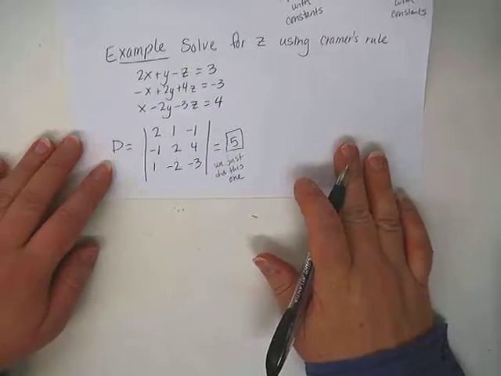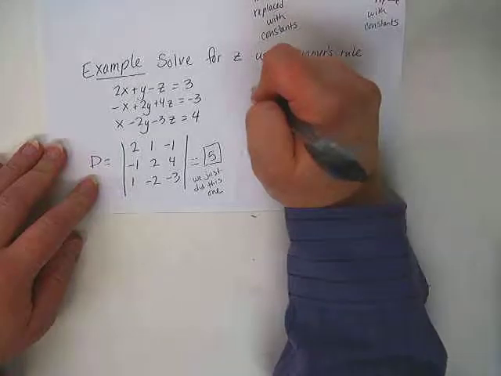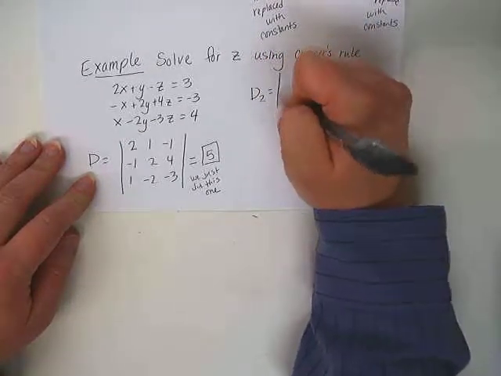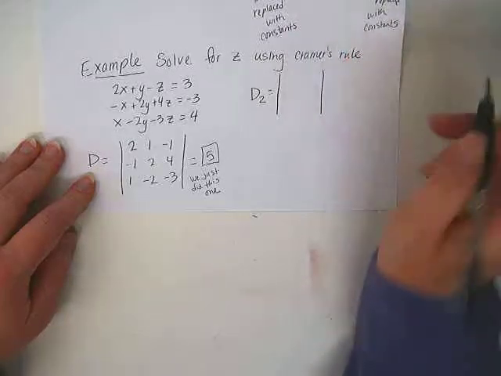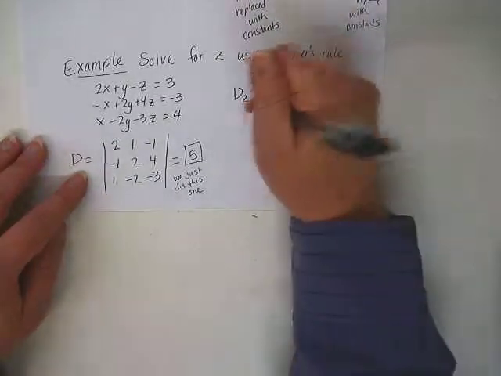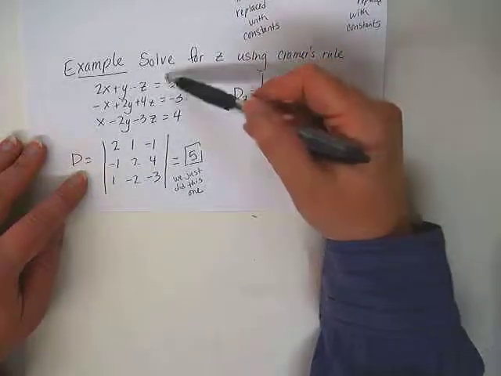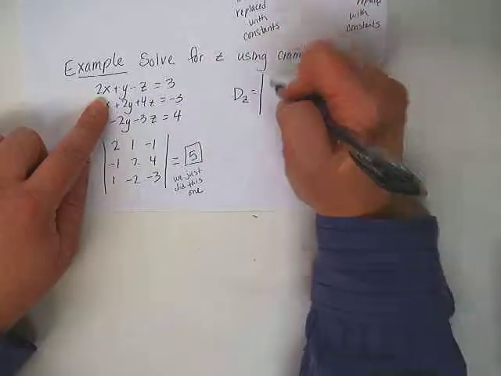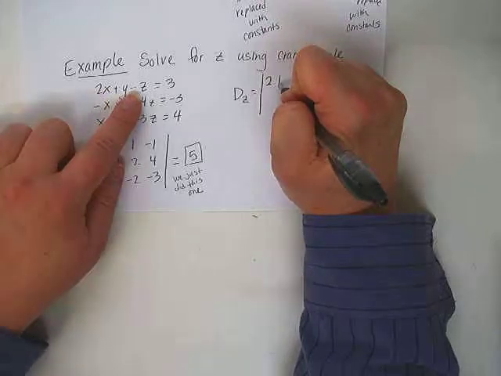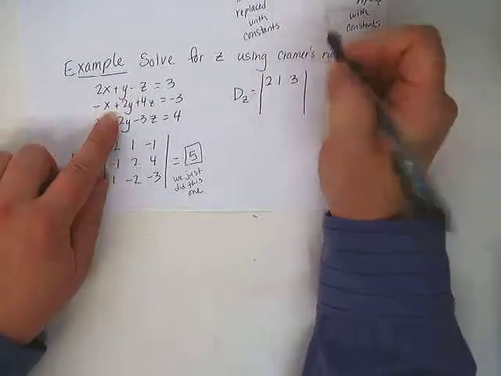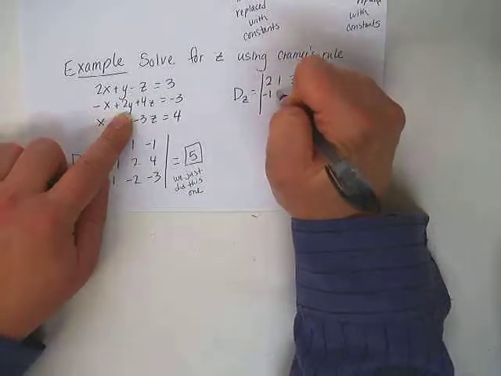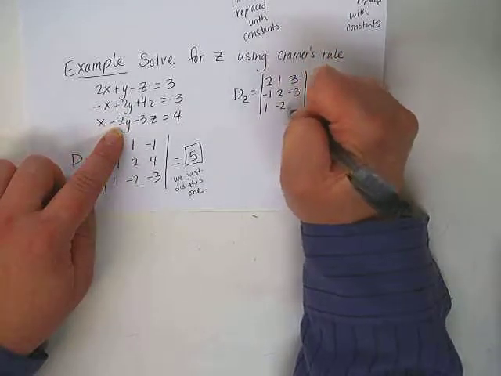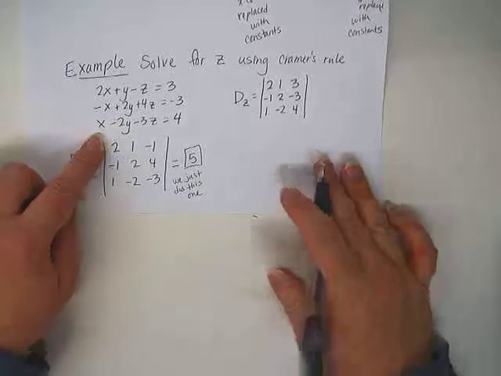We just did this one. Okay, so now to find z, what do we need next? Determinant of z. So we take our constants and we replace column z with the constants. So we're going to have the same x's and y's, but different z's.